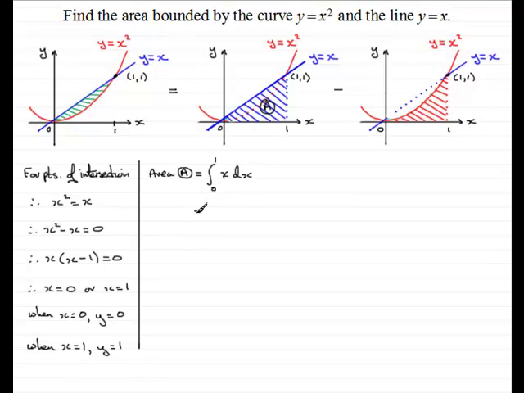Integrating that, we get x squared over 2, between the limits of 0 and 1. We put the 1 through first, so we have 1 squared over 2, which is a half. Then we subtract what we get when we put 0 through, which is 0, giving us a half. So the area of A is half a square unit.